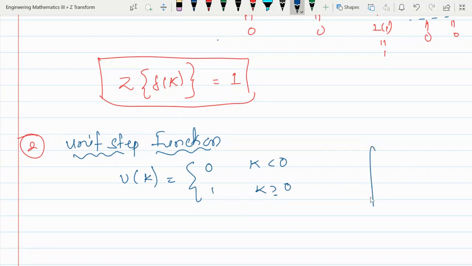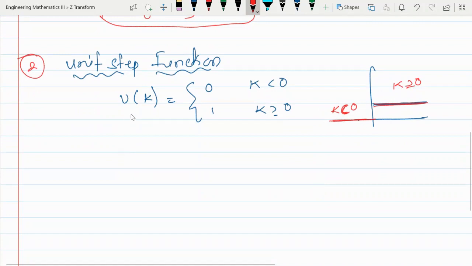If we see the graph of this function, for k greater than or equal to 0 the function is like this. This is the unit step function. For k strictly less than 0 the value of the function is 0, like this.